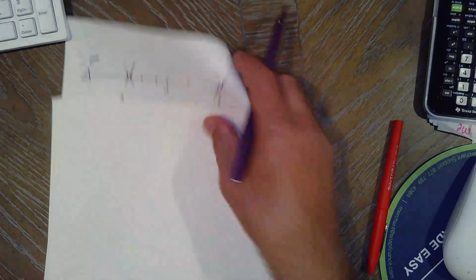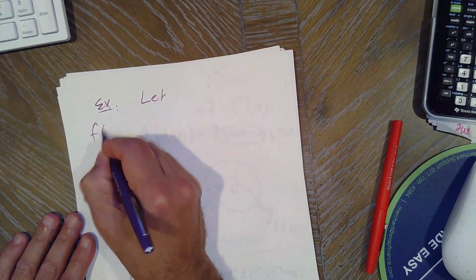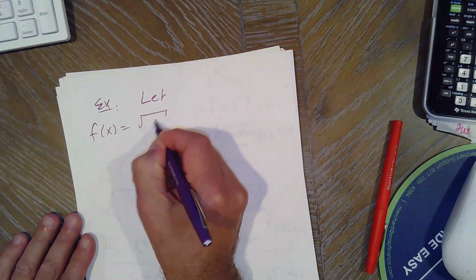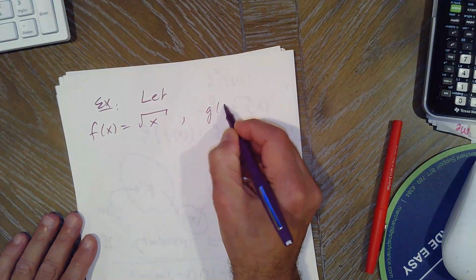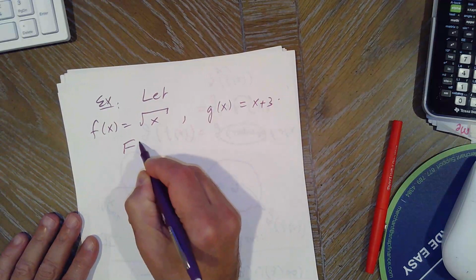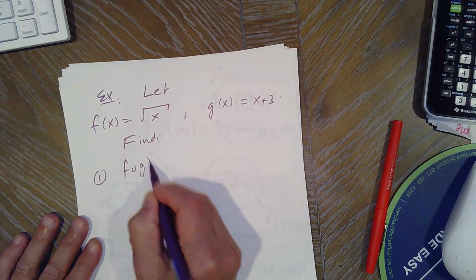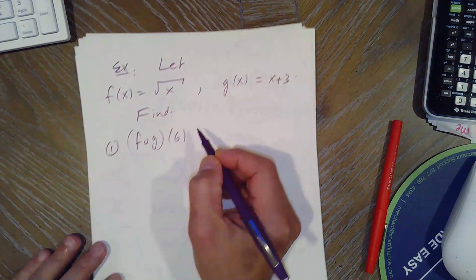Here's another example about composite functions. Let f of x equal square root of x and g of x equal x plus 3. Find f composite g of 6.